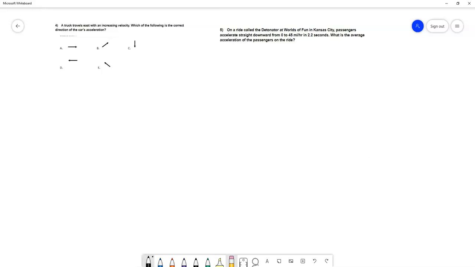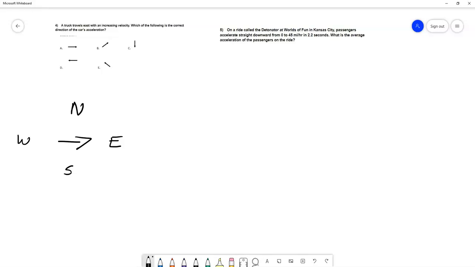Okay, so a truck travels east with an increasing velocity. Which of the following is the correct direction of the car's acceleration? So remember, you're looking at a map, you say north, south, east, and west. So obviously it's going to be headed east.